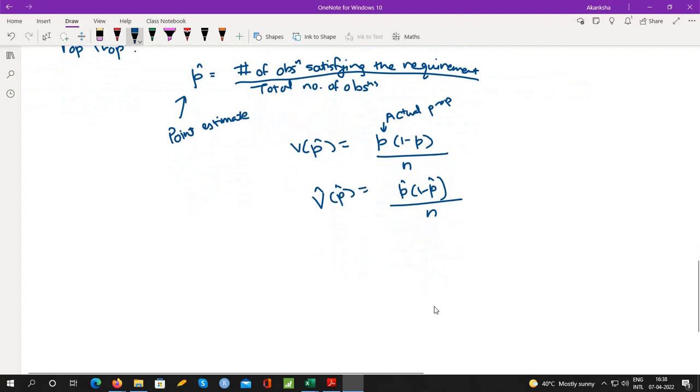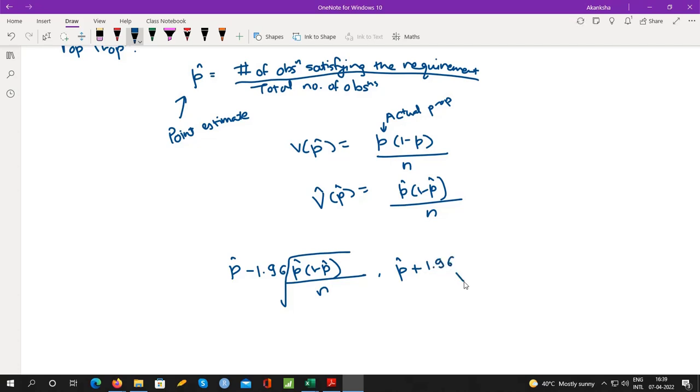Once we get the variance, the rest of the procedure is exactly the same. So the interval is: p hat minus 1.96 times the square root of p hat into 1 minus p hat by n, because this is variance, comma, p hat plus 1.96 times the square root of p hat into 1 minus p hat by n.